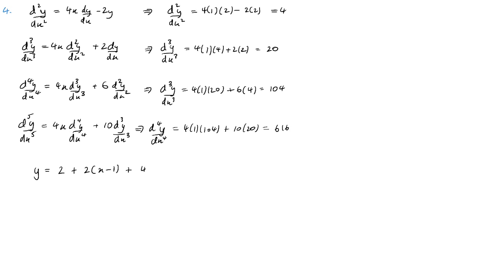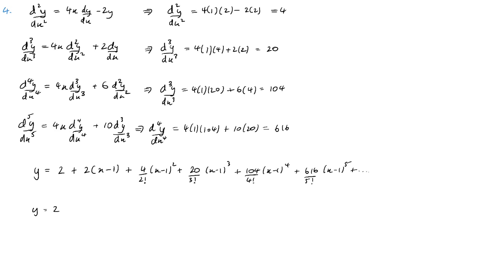Plus, now we've got 4 over 2 factorial x minus 1 squared plus 20 over 3 factorial x minus 1 cubed plus 104 over 4 factorial x minus 1 to the power 4 plus 616 over 5 factorial x minus 1 to the power 5.